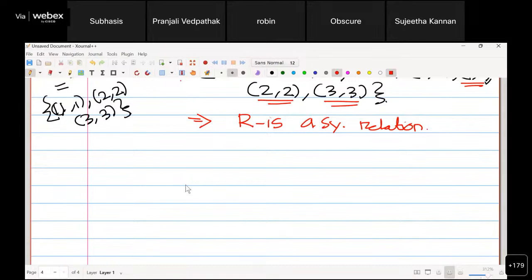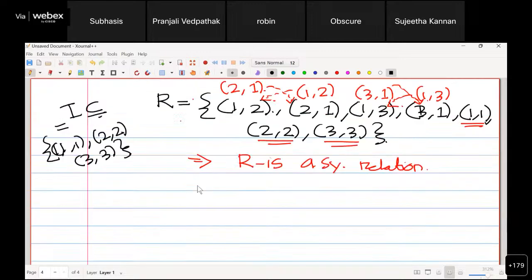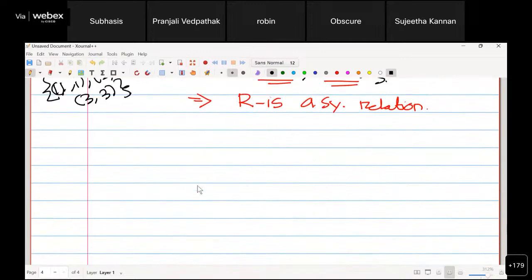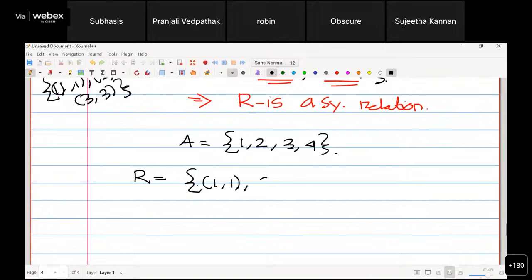Can I ask a doubt in reflexive? What is your doubt? Sir, I have a set A with 1, 2, 3, 4. That is your A, right? Yes, that is my A, where my relation has 1,1, 2,2, 3,3 and 4,4.